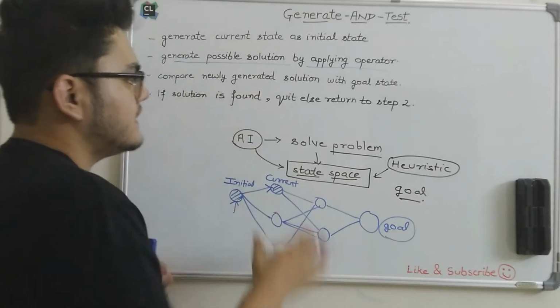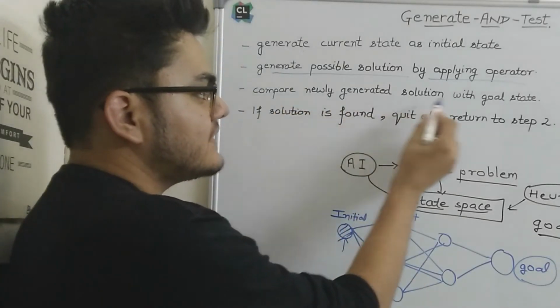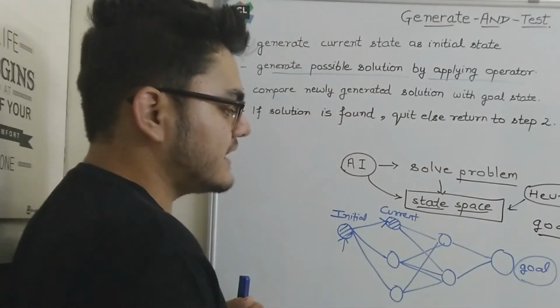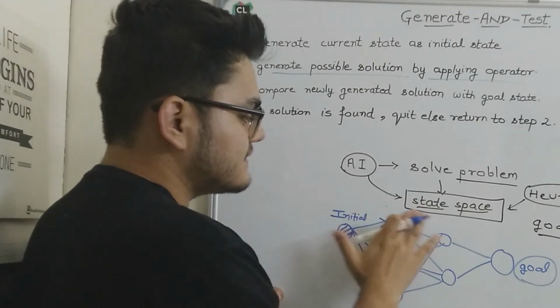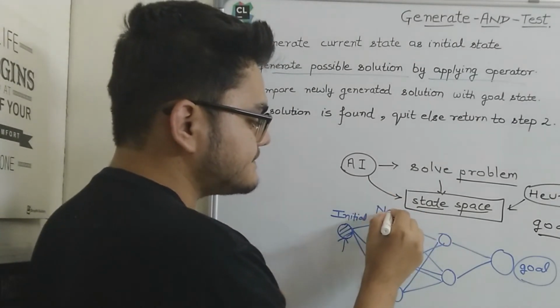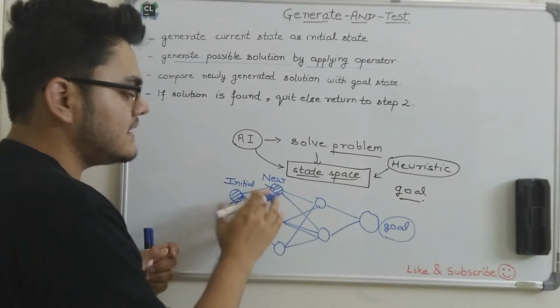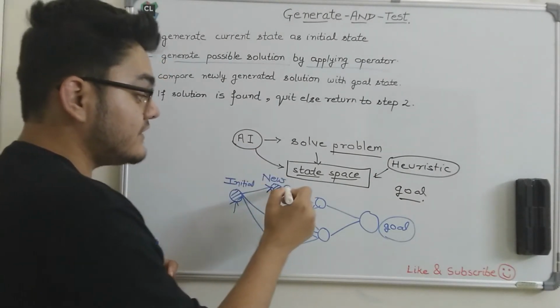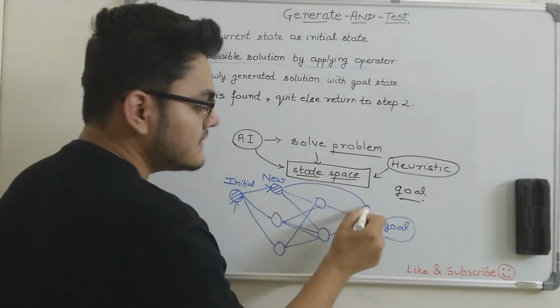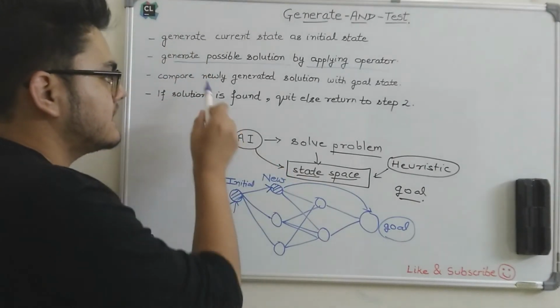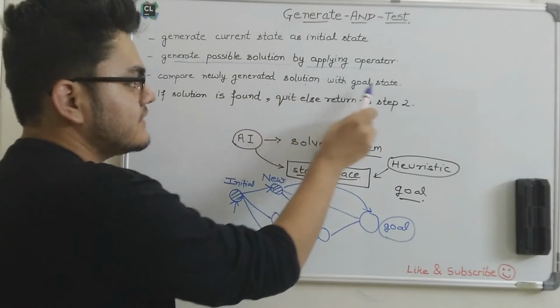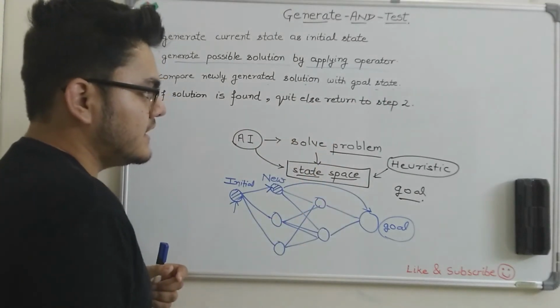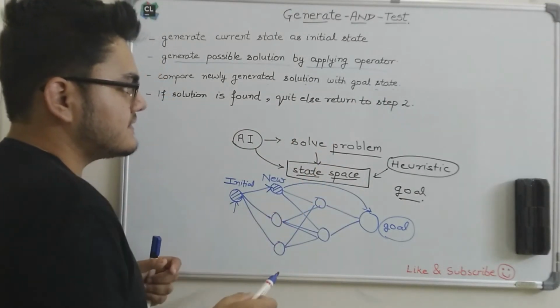Now compare the newly generated solution with the goal state, right? Let's say this is the newly generated solution by the algorithm. Then the AI agent will compare this new state with the goal state. So this is the third step.